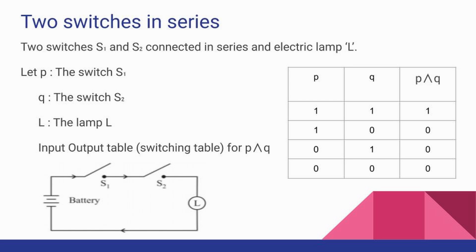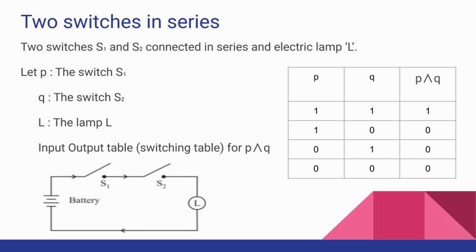The input output table, that is a switching table, for P and Q. Whenever two switches are in series, we get P and Q, that is our conjunction. Input output tables are also known as switching tables. So the table for P and Q is: first we have P, then Q, then P and Q. For P take 1 1 0 0 and for Q 1 0 1 0.